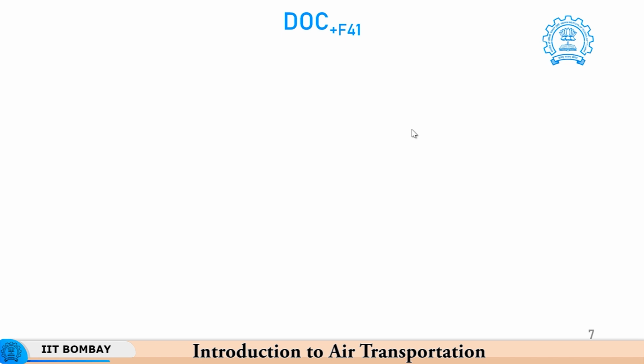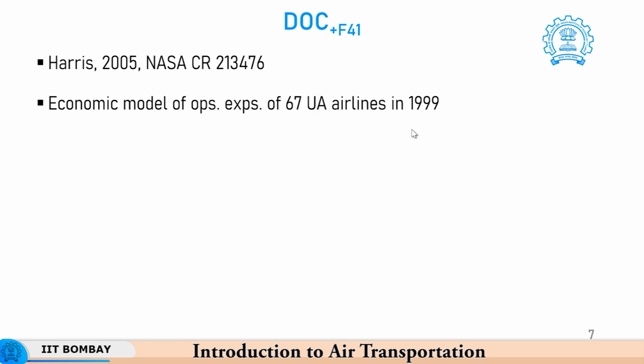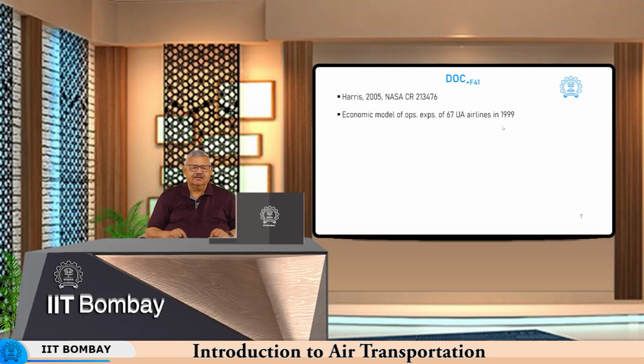The next model which appeared was DOC plus F41, proposed 10 years later by Harris in 2005, again through a NASA contractor report. Here data related to the operational expenses of 67 airlines in 1999 were collected.